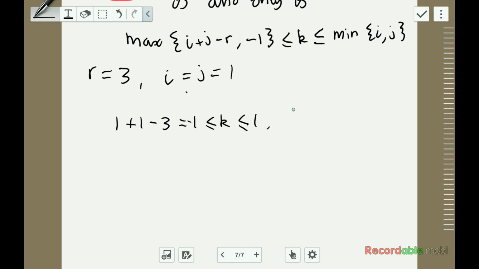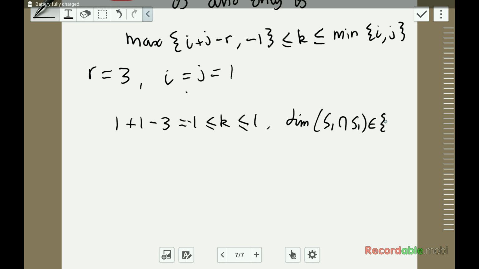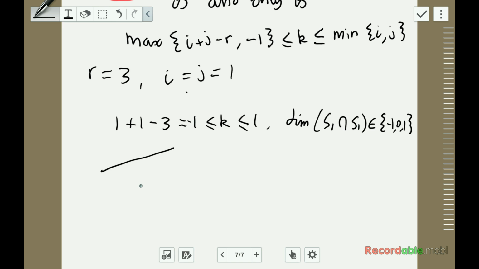So in other words, the dimension of the intersection of two lines in 3D space is either going to be -1, 0, or 1. How is that the case? Well, it could be possible that these two lines just miss each other entirely.